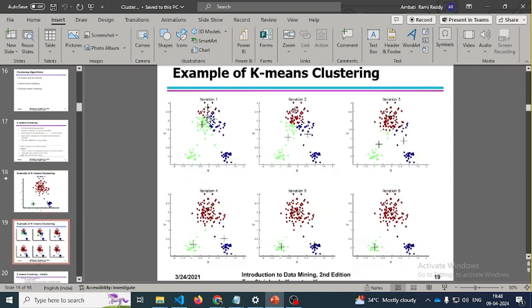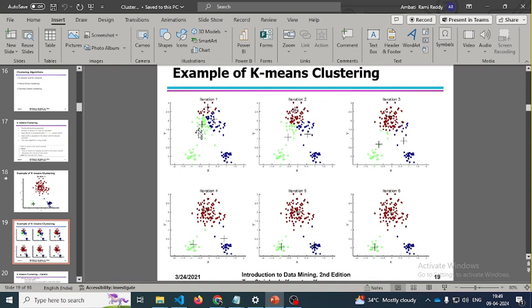Let's see how the k-means algorithm works. In the first iteration, you may have data points like this. If you observe here, so many data points are there. How do you form this centroid? In each and every iteration, you see the change, the points form one cluster, and the color changes.